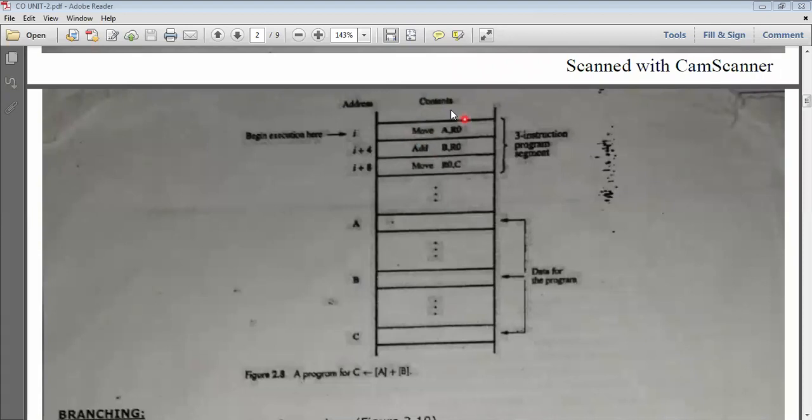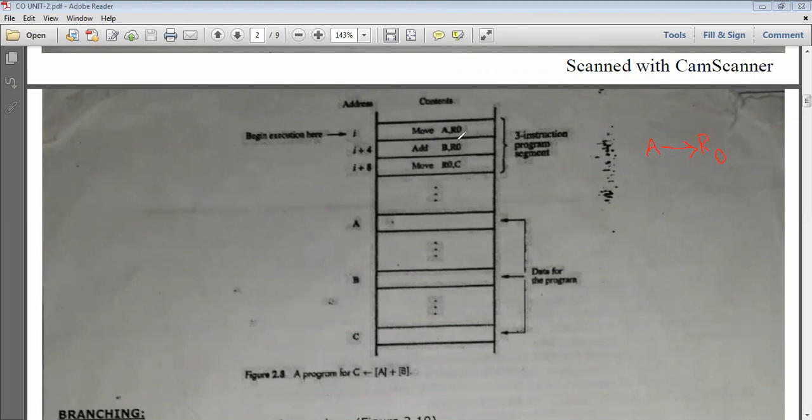Okay, ma. See here, Move A comma R0. What is the meaning here? Move A comma R0 means whatever the data in A is moved to R0. What is the second operand here? R0 is the second operand, and the second operand is the destination operand.